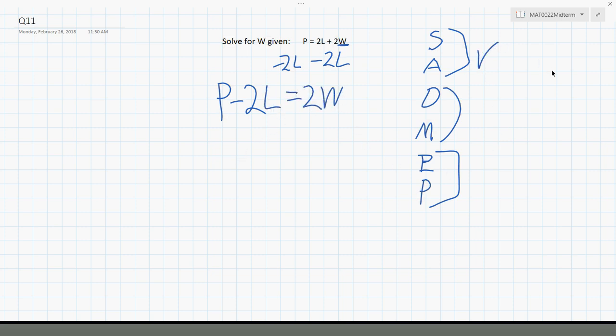So I did my subtraction. Check. What's my next step? Division, multiplication, right? Yep. So I'm going to divide by 2 because I want to get W alone, right? So that means that (P minus 2L) over 2 equals W. We've solved for W.